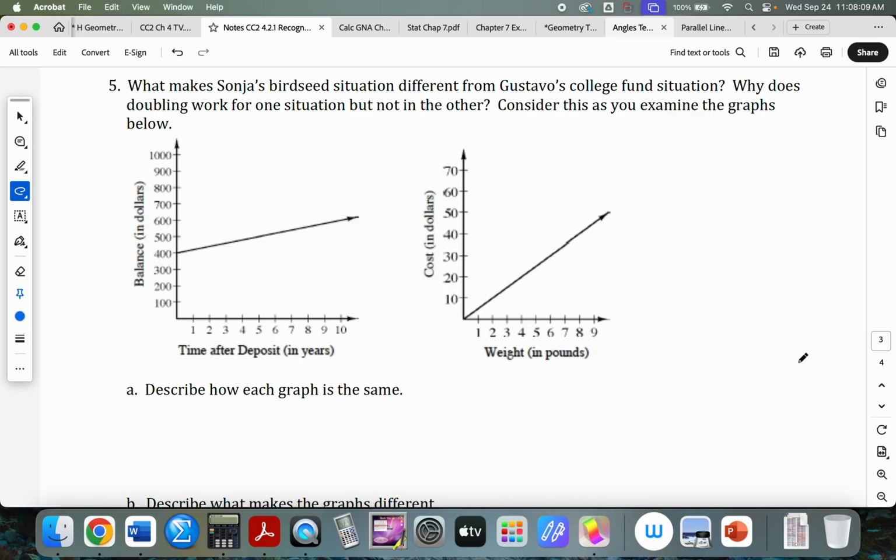Consider this as you examine the graphs below, and let's answer these questions. So we've got our 2 graphs. Describe how each graph is the same. And when we're talking about the graph, we're actually talking about what we have graphed, not about the 2 axes. What's the same about them?